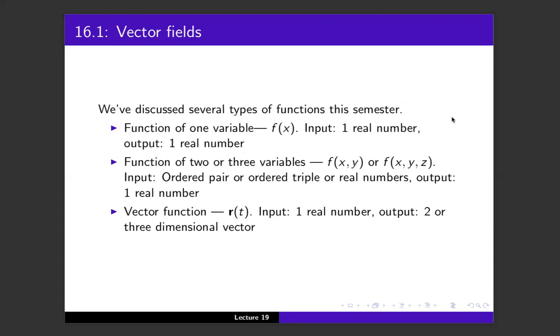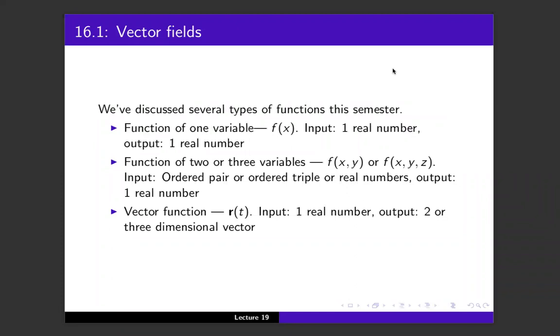These are functions r of t. We feed r of t a real number, and it gives us some other number of numbers, usually a vector of 2 or 3 dimensions. So these are functions where you plug in a number and you get back some number of numbers, or you plug in some number of numbers and you get back a number.